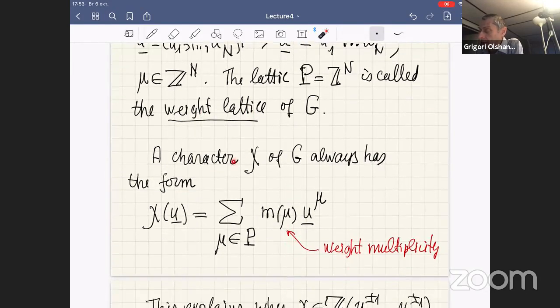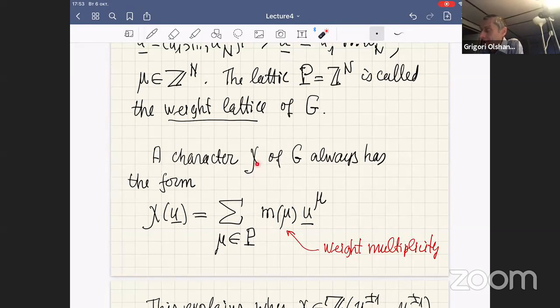But now, a character of our group G always has such a form: a finite linear combination of the torus characters with some integral coefficients. Why? Because we can restrict the representation corresponding to this character to the torus, and then it splits into a direct sum of one-dimensional representations, because the torus is commutative.